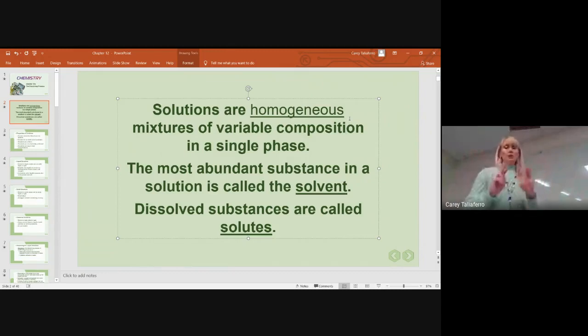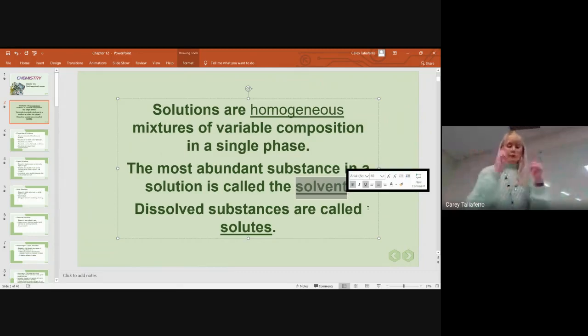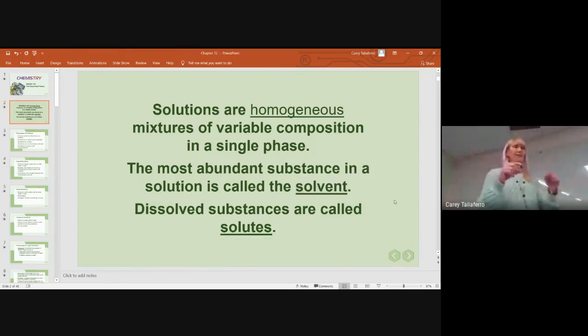There are two parts to a solution. You have a solvent. And if you're talking about liquids and solids, this especially works when you think about the way I'm going to say it to you, but it works either way, no matter the state of matter. A solvent is what does the dissolving.